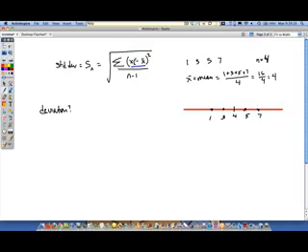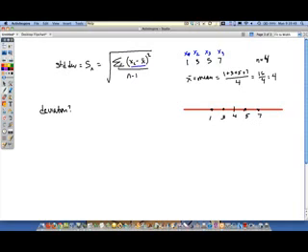Let me show you. Xi is just a shorthand way of saying all of the data points. This is x1, this is x2, this is x3, this is x4. So all this equation really says is look at each of your data points, x1, x2, x3, x4, subtract the mean and square it, and then add all those numbers up.